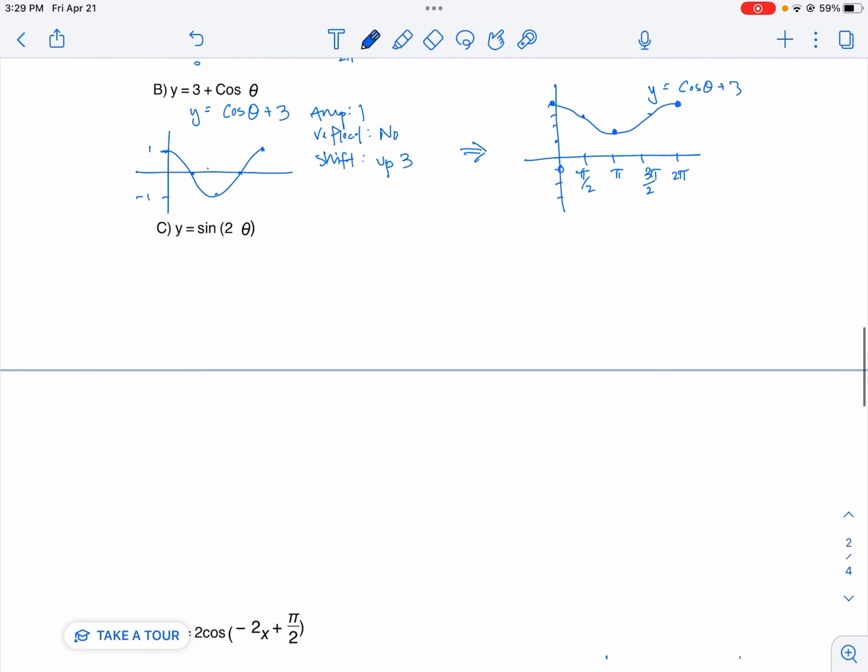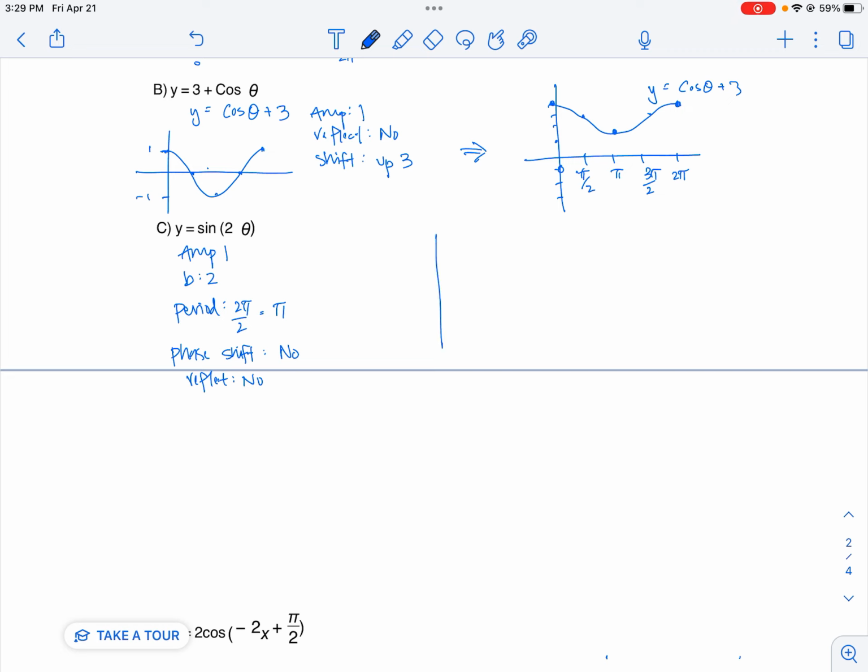Okay, the next one is y equals sine 2 theta. What I'm looking at here is an amplitude of 1, a b value of 2, a period of 2 pi over 2, so a period of pi, and no phase shift. I don't move left or right or up or down. And there is no reflection.